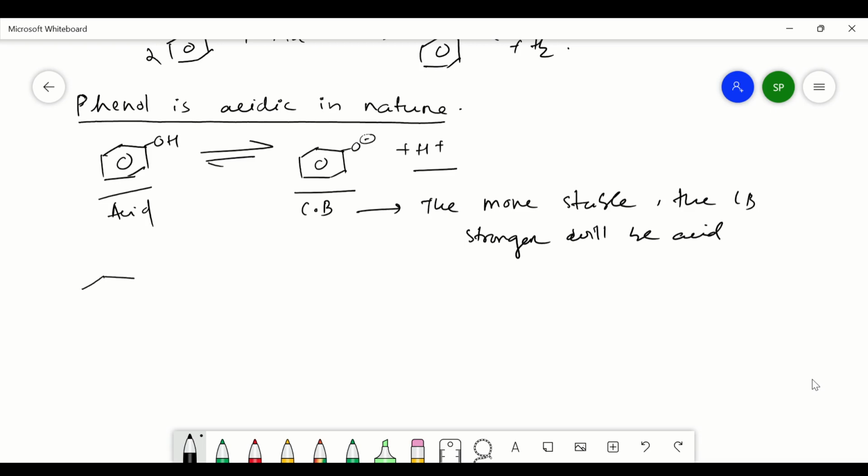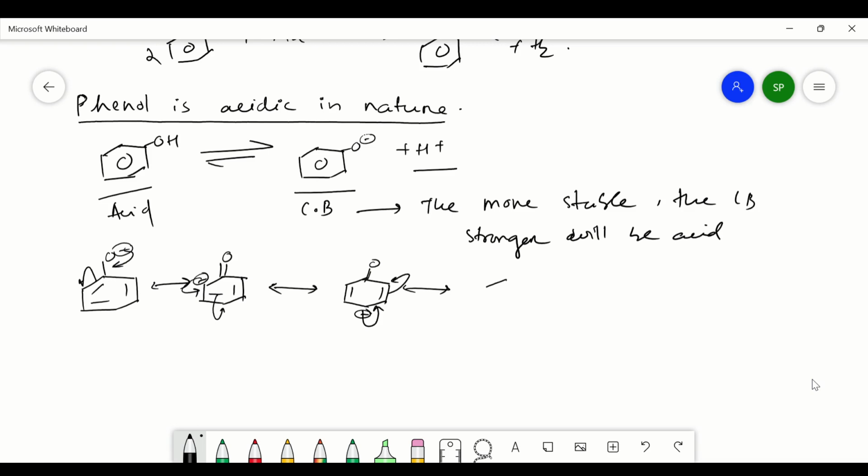We see those resonating structures: this is the phenoxide ion, with transfer of electron, the negative charge will delocalize, and we will see the 5 resonating structures. This electron transfer forms negative charge at ortho and para positions.